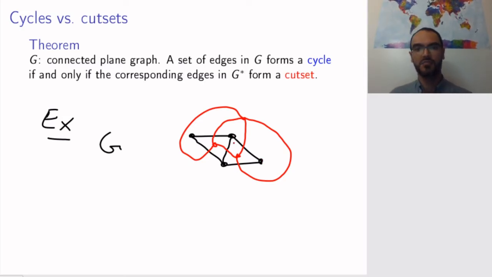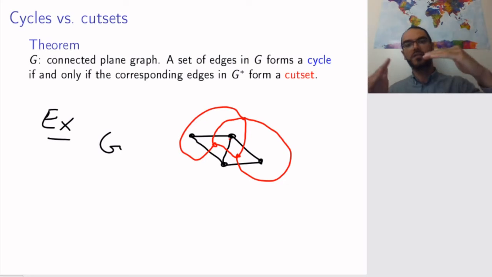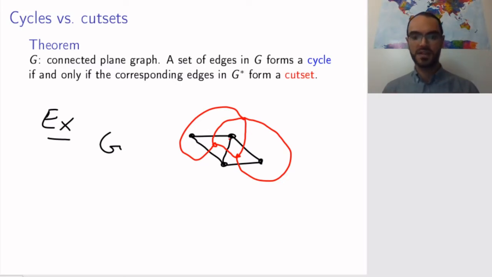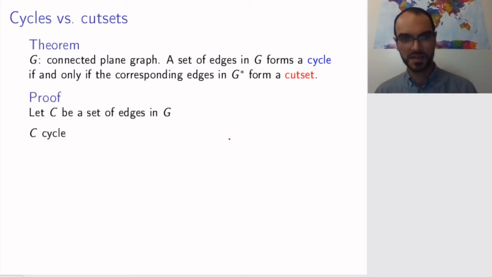And indeed, because of this edge crossing property, intuitively it seems that since our cycle encircles this vertex, or if we take the four edges that are around here, we encircle two vertices. Encircling means we cut off. If the edges of G are knives, then they would cut off the edges of G star, and so the corresponding edges of G star would be a cutset. So that looks nice, but let's see how to prove this precisely.